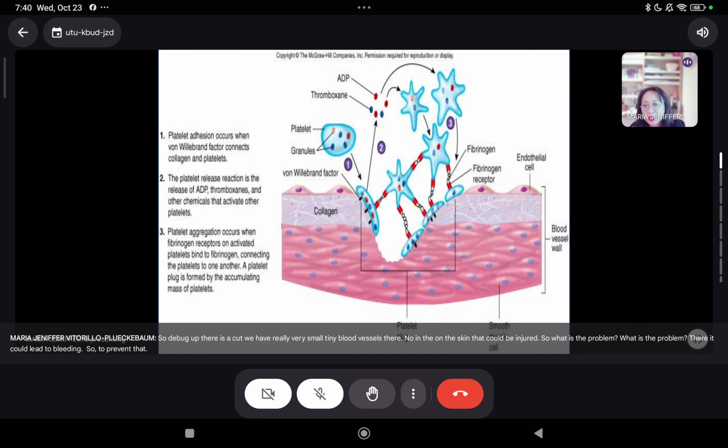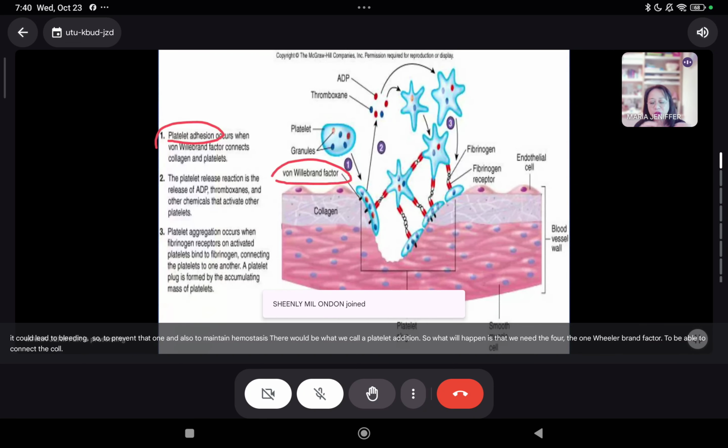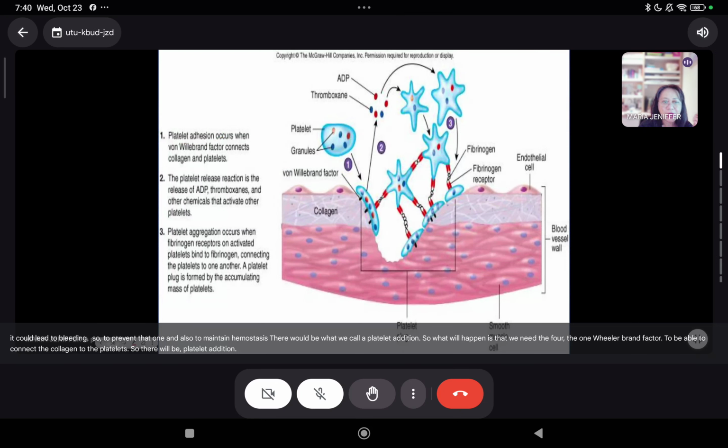To prevent that and also to maintain hemostasis, there would be what we call platelet adhesion. We need the von Willebrand factor to connect the collagen to the platelets. So platelet adhesion will occur when the von Willebrand factor connects the collagen to the platelets.